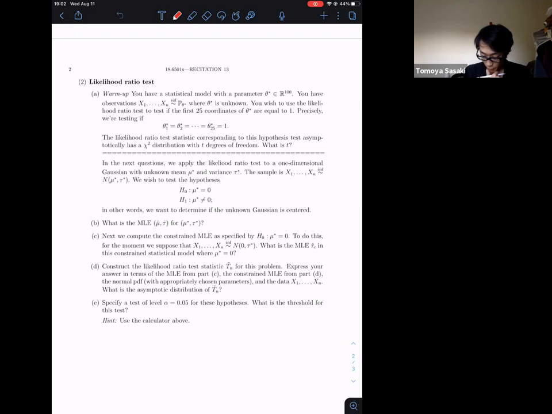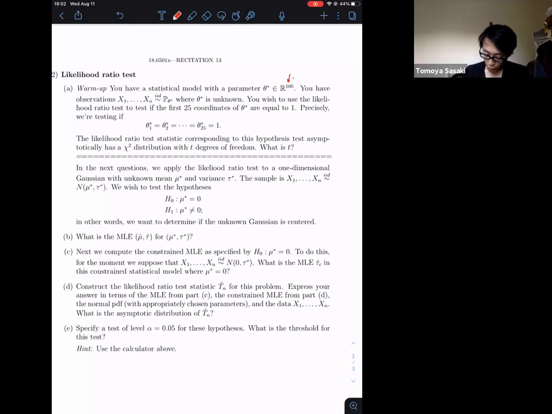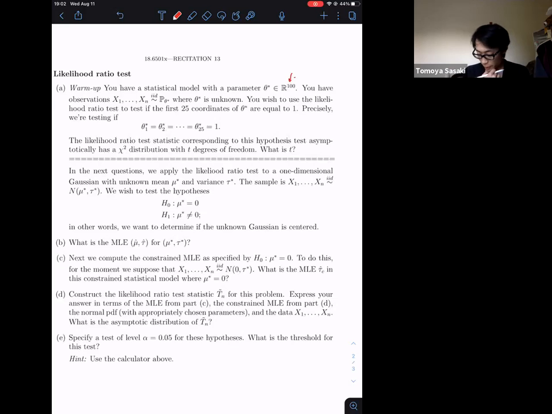For the first question, we have a statistical model with parameter theta star, which has 100 dimensions. So it's a 100-dimensional vector theta star, and you have observations x1 to xn, and theta star is unknown. The parameter theta star generates some particular random variables x1 to xn.